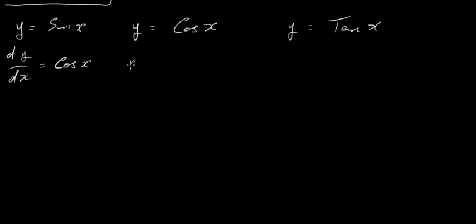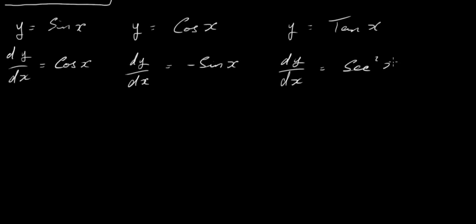If you differentiate cosine of x, you get minus sine of x. And if you differentiate tan of x, you get sec squared of x. Remember, sec is just 1 over cos, so it's 1 over cos all squared. These are our basic rules. I'm not really explaining where these come from, I'm just giving you the actual rules. We can do that some other time, but let's just apply them anyway.